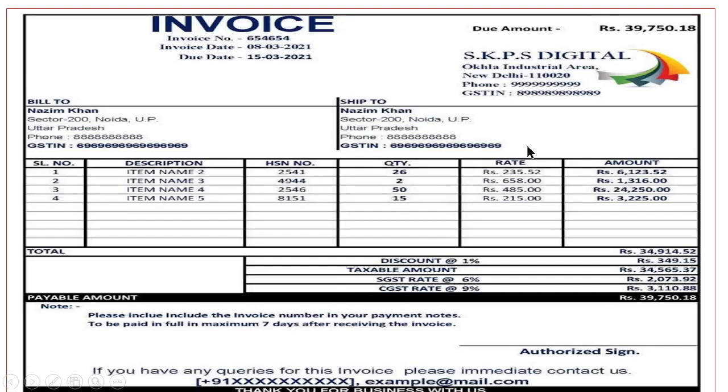This is an example of one invoice in GST. Here you can see the seller is from UP, Uttar Pradesh, and the buyer is also in UP. So in this invoice there is SGST and CGST.